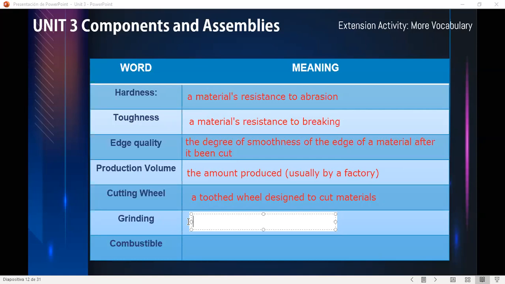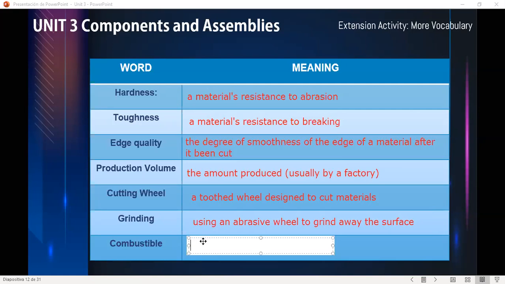I can use friction to cut or to grind that material, using these characteristics like an abrasive wheel. Yes, exactly. Using an abrasive wheel, in this case, to cut, to grind away the surface. Okay. In this case, producing hot particles of molten metal. Exactly, yes, because of the friction.